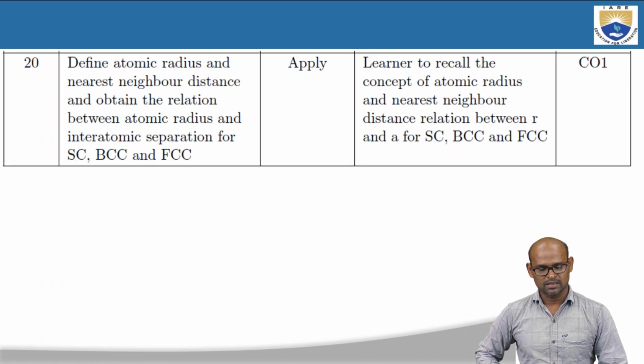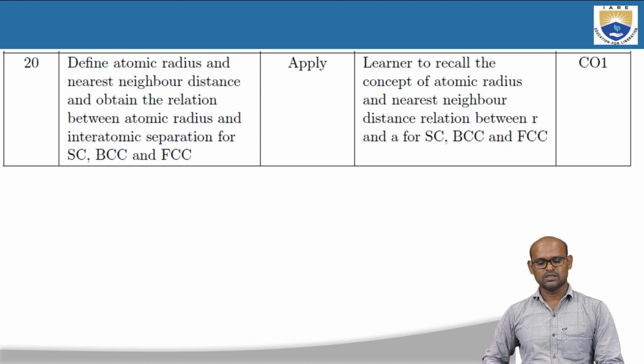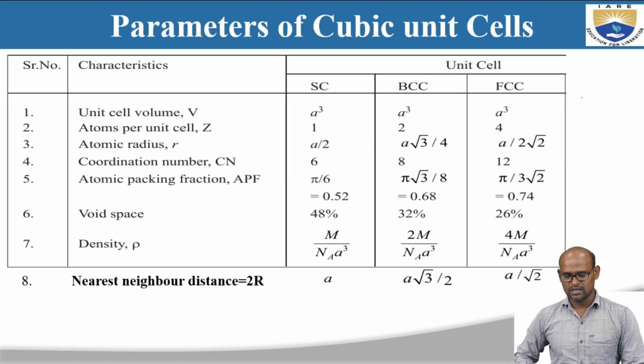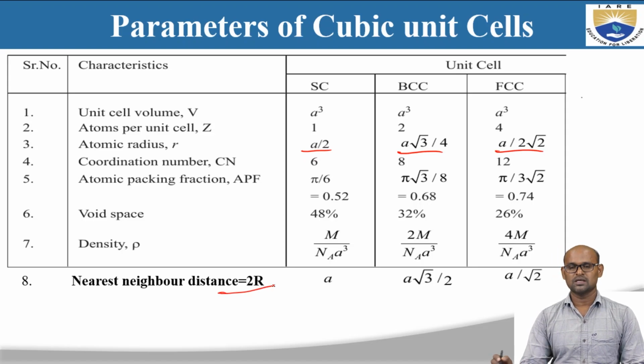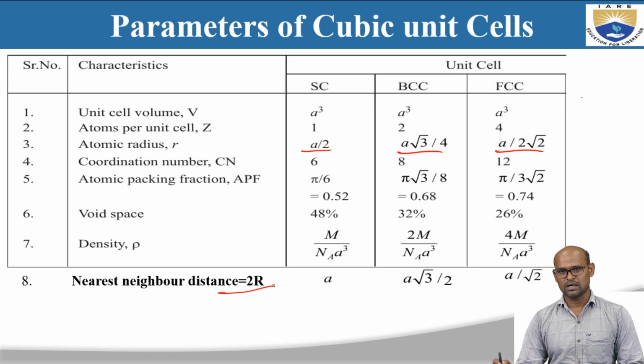If you know the nearest neighbor distance and atomic radius, we can obtain a relation between them. So this is the atomic radius for simple cubic, body centered cubic, and face centered cubic. And we know that nearest neighbor distance is 2 into atomic radius.